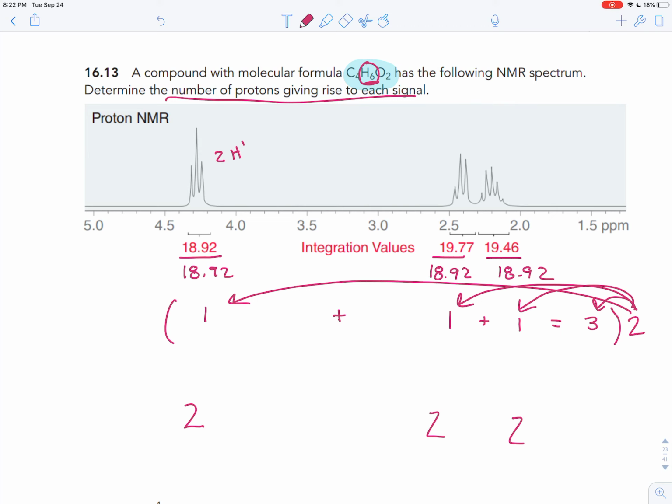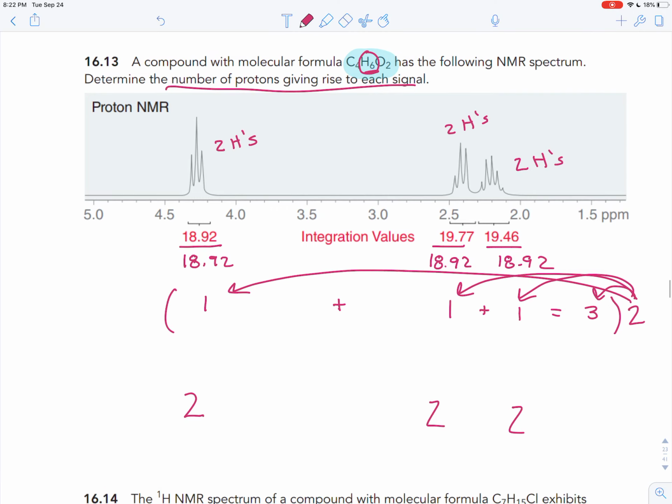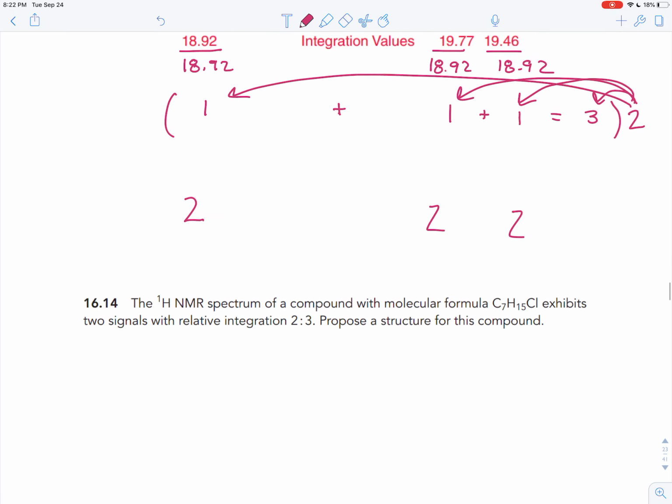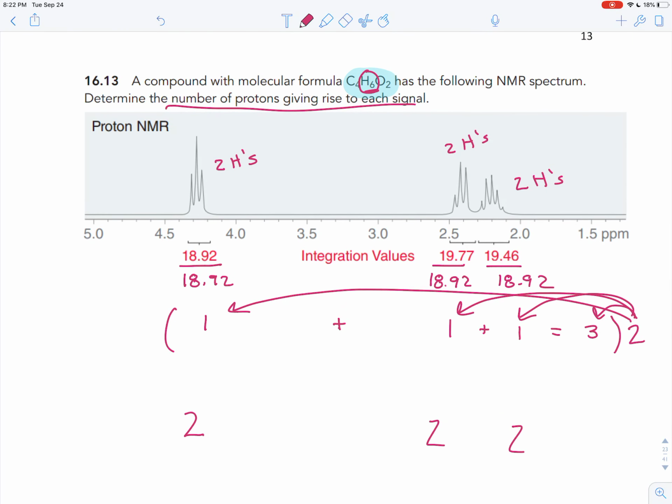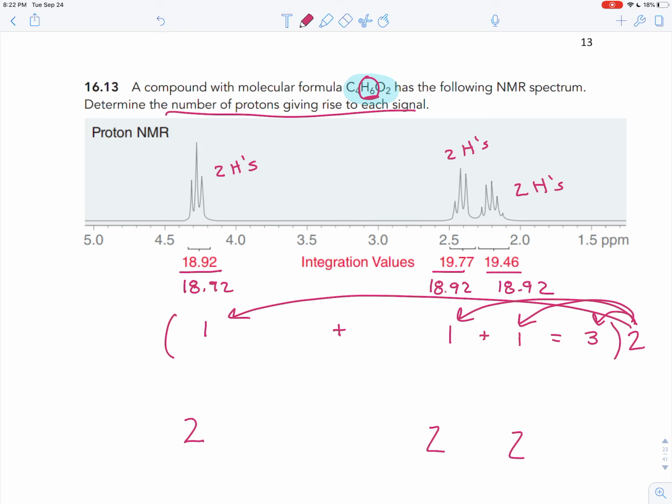Well, this signal is being created by 2 protons, this one being created by 2 protons, this one being created by 2 protons. Remember, hydrogen only has 1 proton in its nucleus, so hydrogen and a proton, those terms are often used synonymously. All right, so that's sort of how you can use those integration values to figure out the number of hydrogens in each of the electronic environments represented by the different peaks.